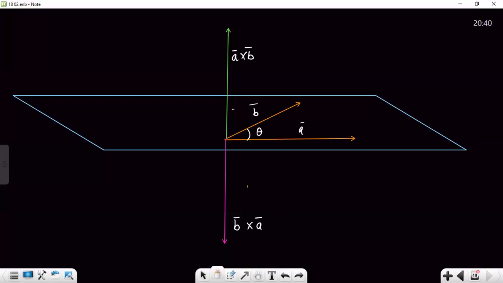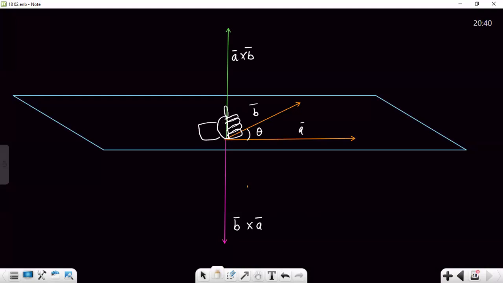So this is our thumb, and these are our fingers going from A to B. I hope my drawing is good.